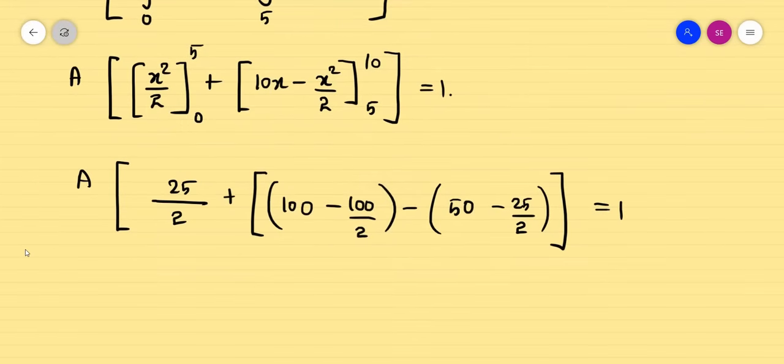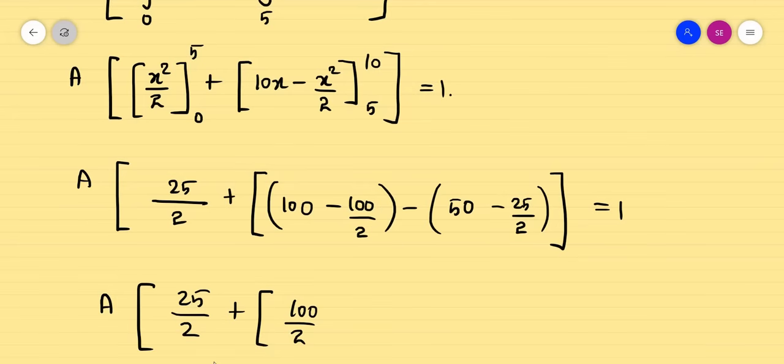So you should be careful while doing these things. Okay, so 25 by 2. So 100 minus 100 by 2 is simply what? If you take 100, 1 minus 1 by 2, what is this, guys? Again, it is going to be 100 by 2. Minus, if you take LCM on this, 100 minus 25, 75 by 2 is equal to 1.